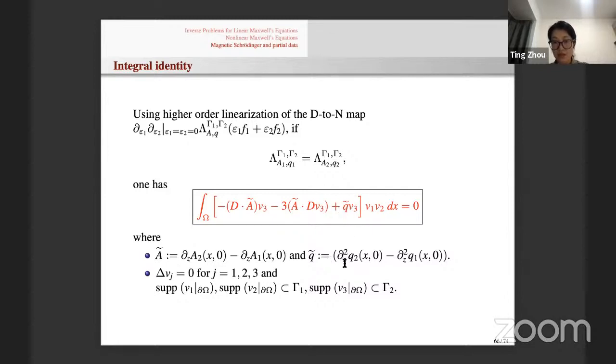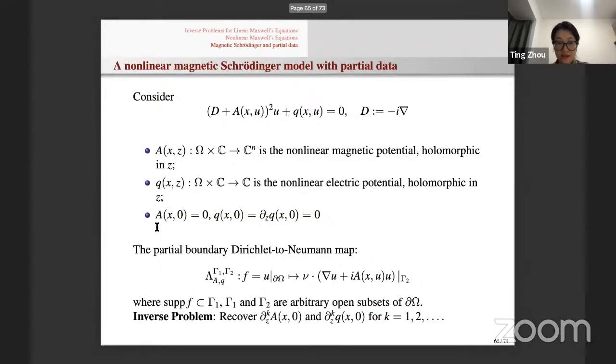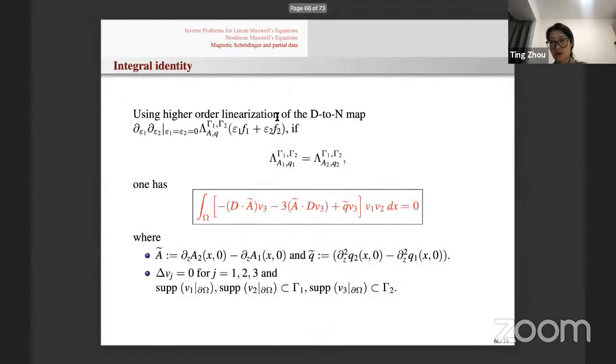Okay, so if we look at the second order terms, for example, then we have Q tilde being the difference of the second order Taylor coefficients. And if we don't have A, then we just have the difference of the two potentials tested against the product of three linear solutions. So V1, V2, V3 here are all solutions of Laplacian equations, which is the linearized equation for the original magnetic Schrodinger equation. That's why we have this condition, to guarantee that the linearized equation of this nonlinear equation is just a Laplace equation. Okay.